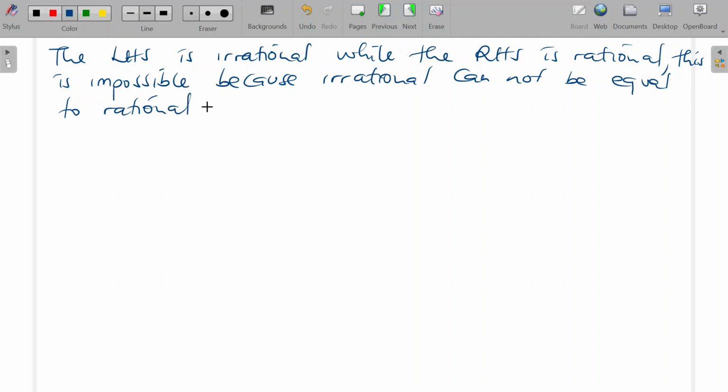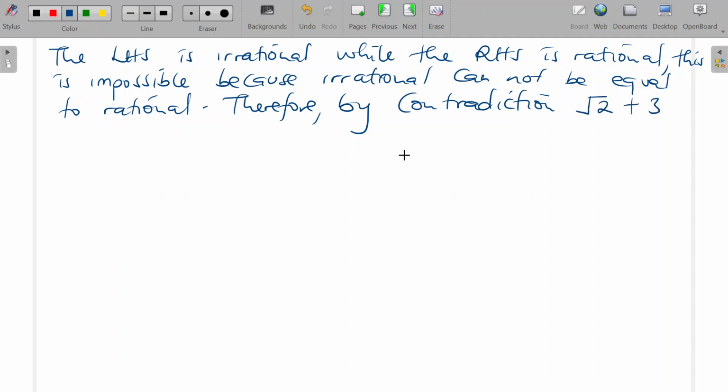Then you're going to say, therefore, by contradiction, square root of 2 plus 3 is irrational.